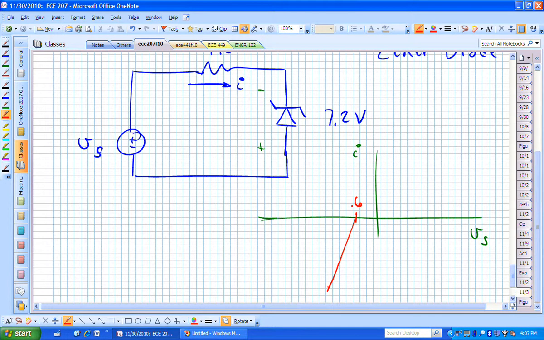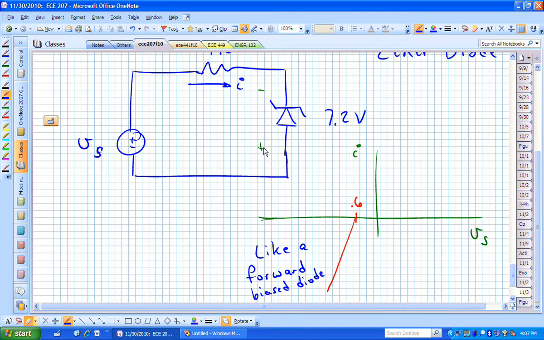And it starts supporting a current. So this is where you might think of a forward bias diode is what's happening there.